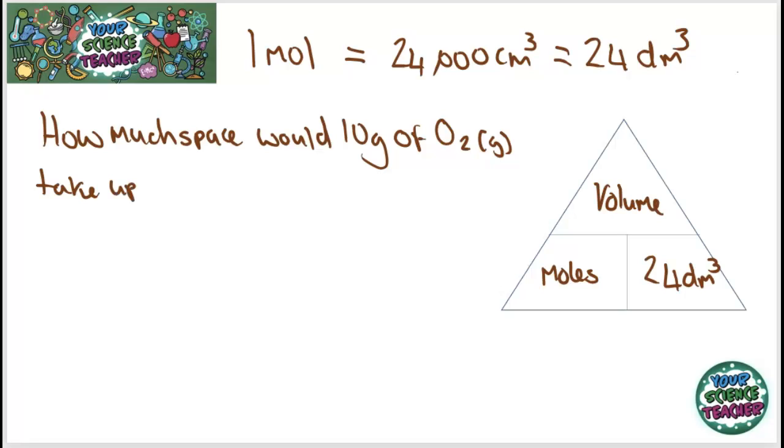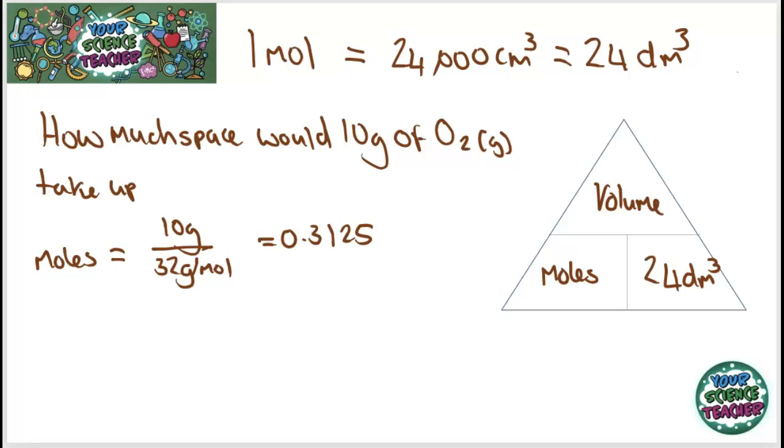Well, first we'd work out the number of moles of oxygen we have, which would equal moles equals the mass, which is 10 grams, divided by the relative formula mass of oxygen, which is 16 times by 2, which is 32 grams per mole, which gives me an answer of 0.3125.